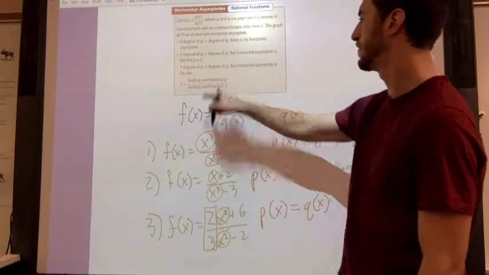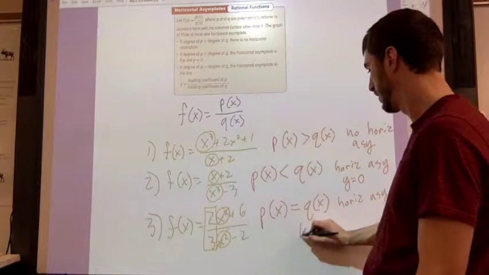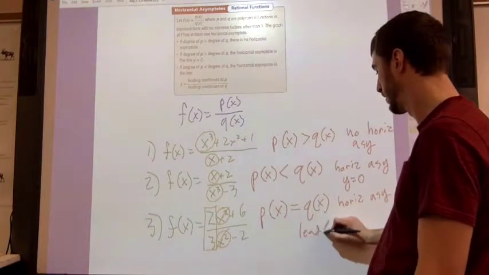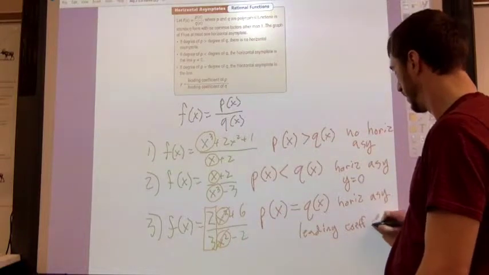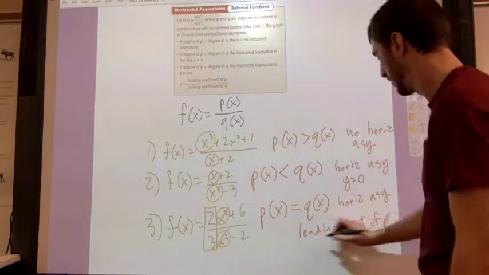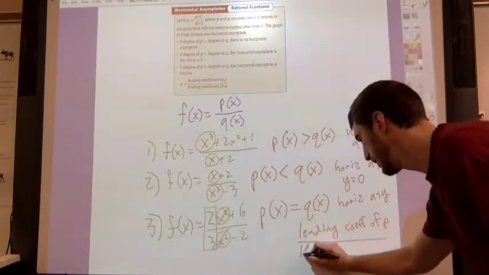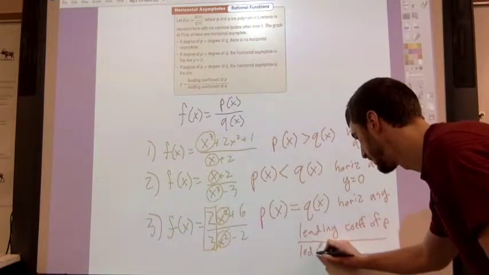Is the leading coefficient of p over the leading coefficient of q.